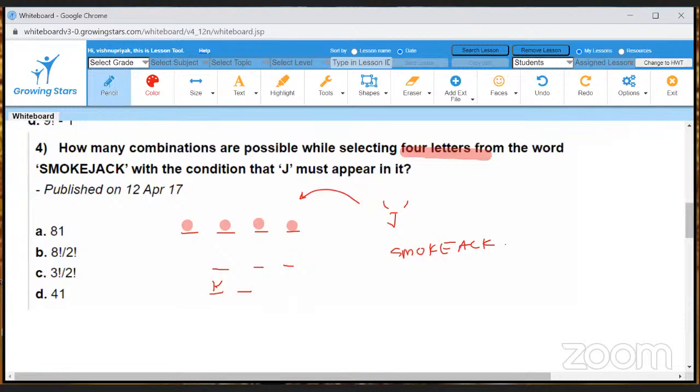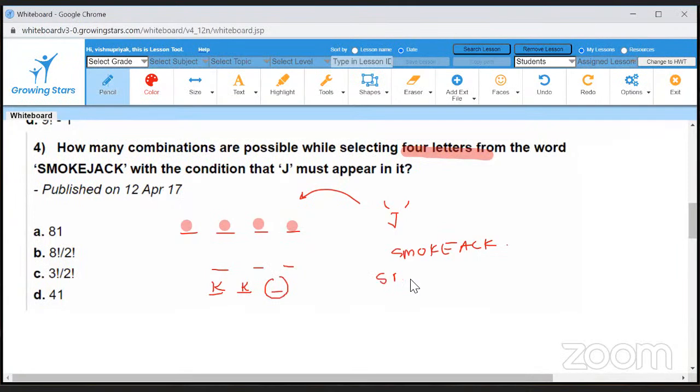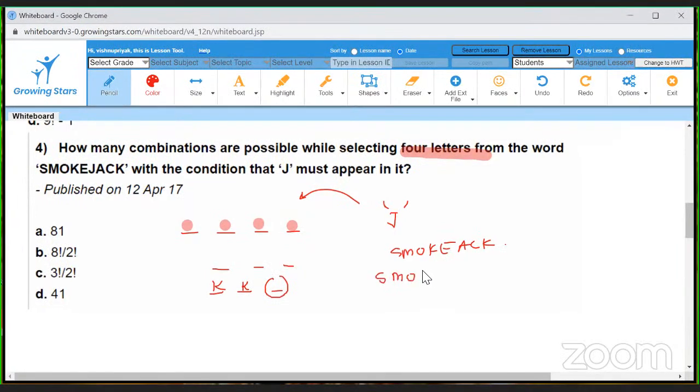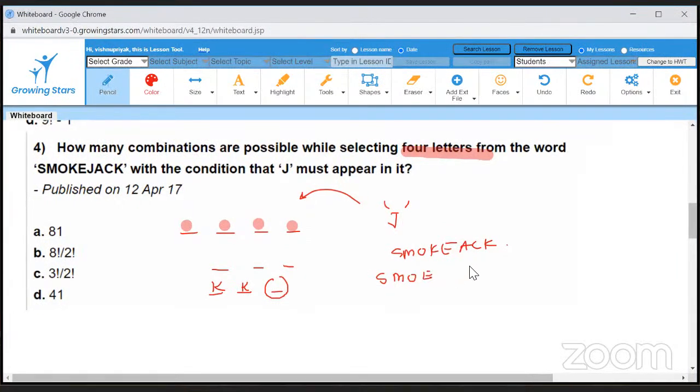We are taking a 3-letter word, but we are taking 2 Ks, and the third letter has to be selected from S, M, O, E, A, C. K is already taken.